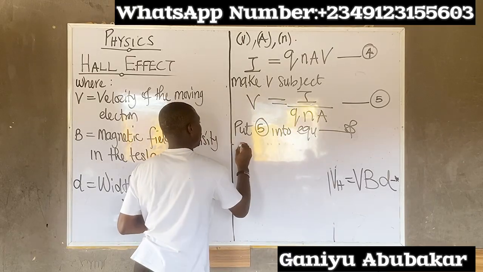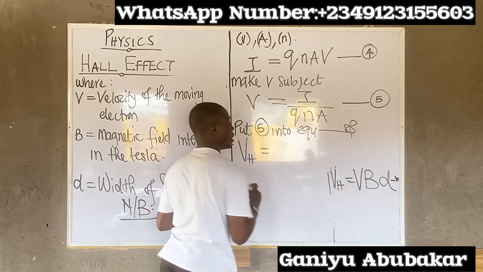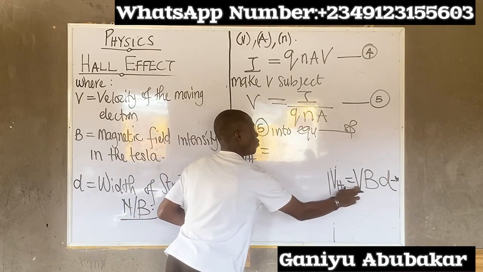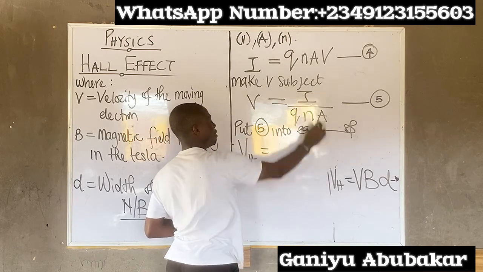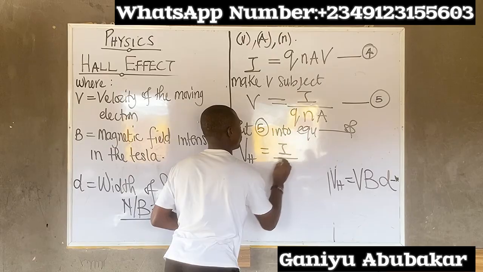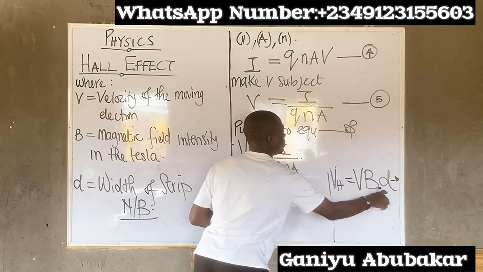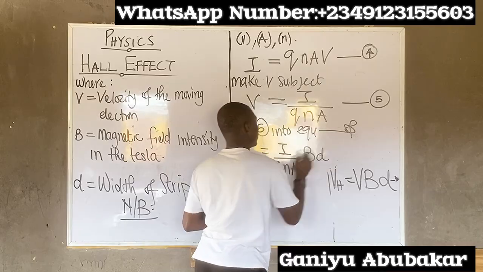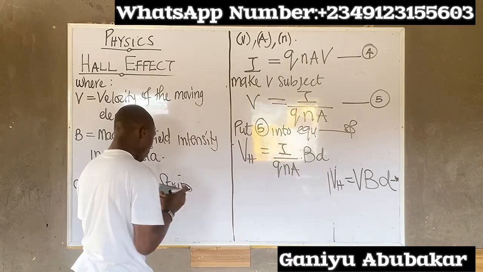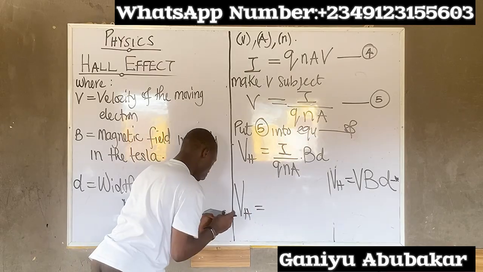From here we have that VH is equal to V. Now observe please. What's V? V is this, VD. V gives you I over QNA, times BD.